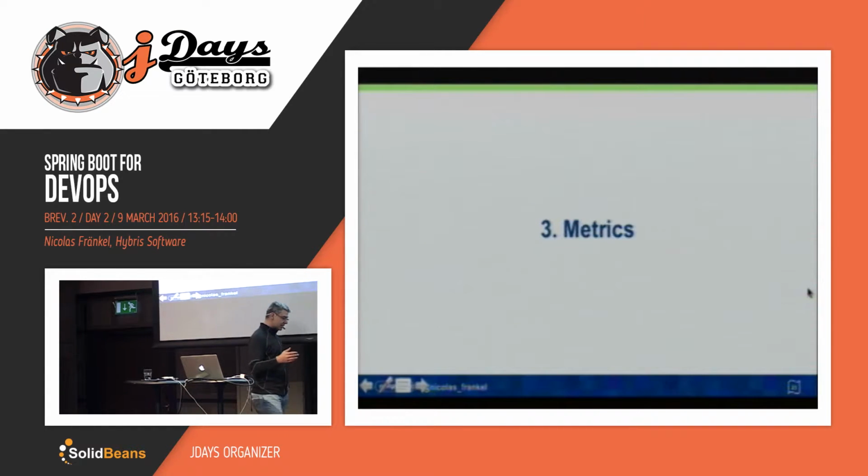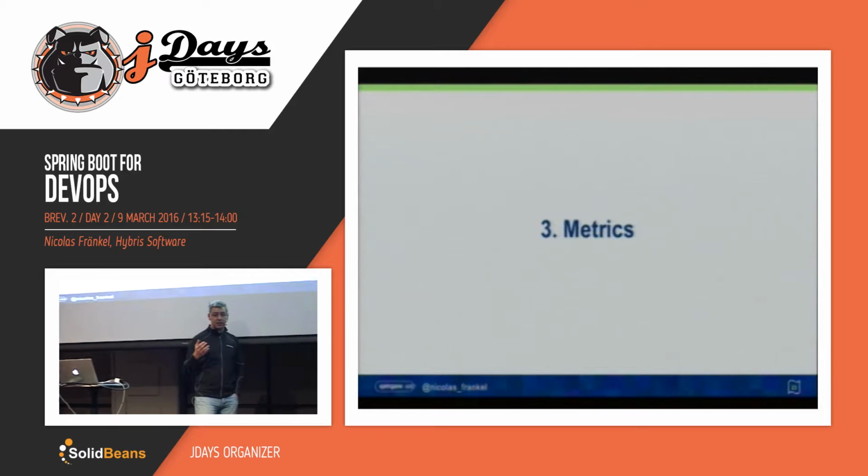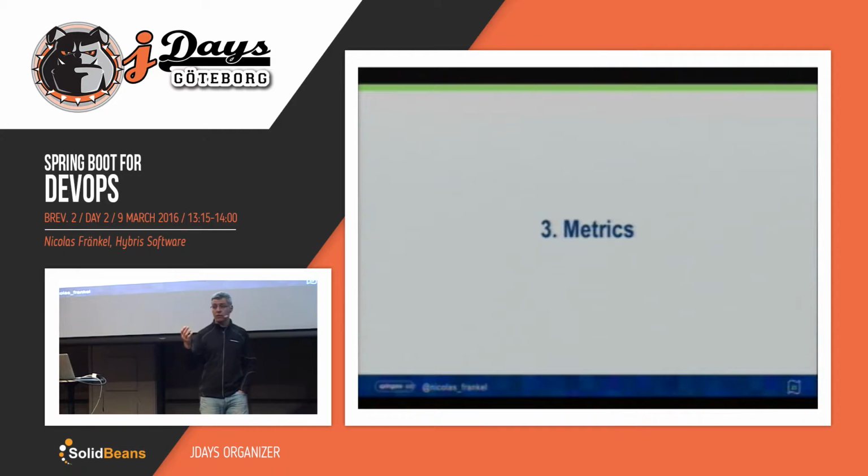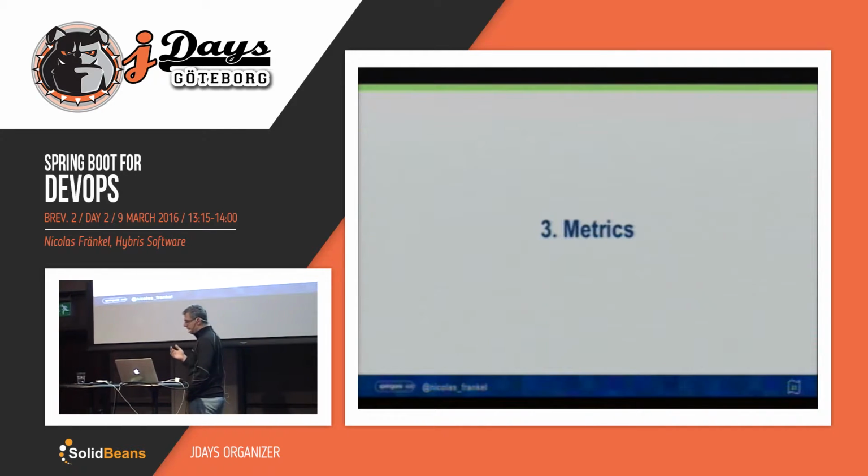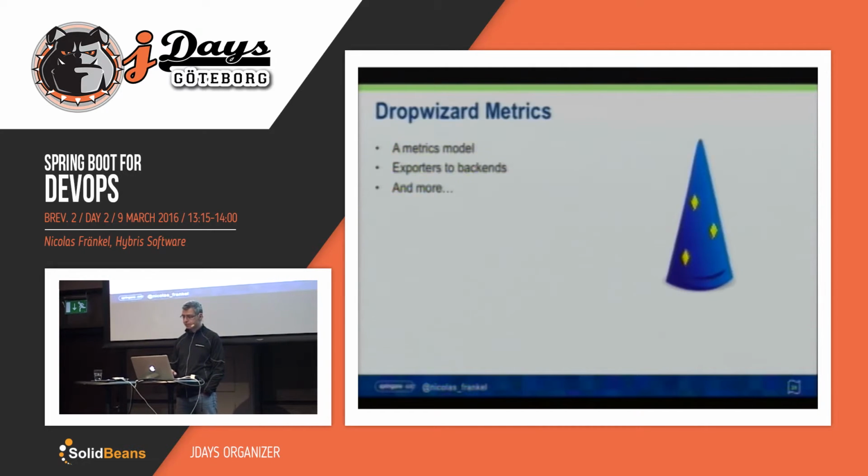Okay, the last part is about the metrics, because even if every one of your dependencies is working fine, your application might not. For example, you might have too many connections, your web server doesn't work so well, or many other things. And metrics are also a good way to monitor your application.